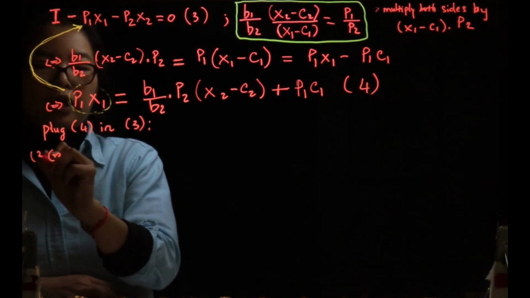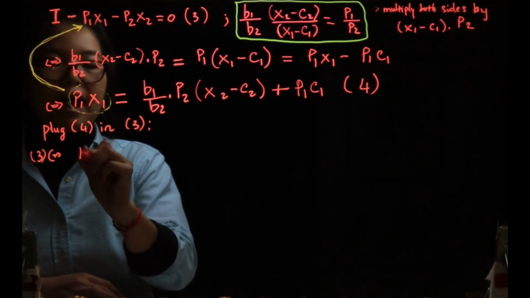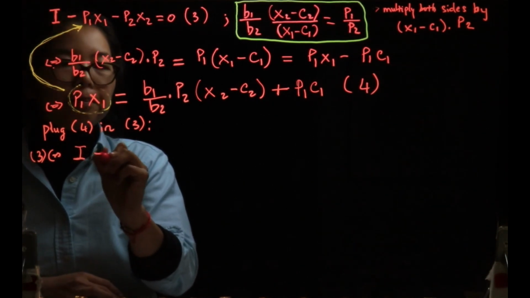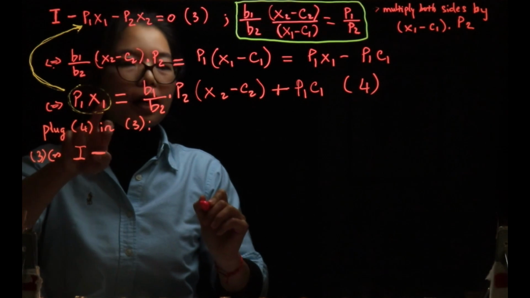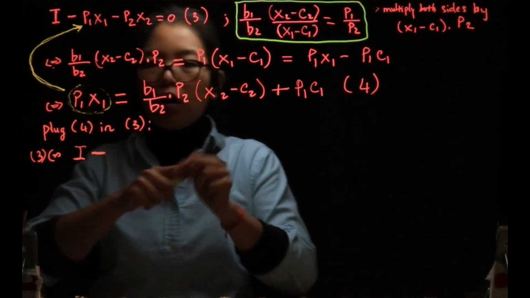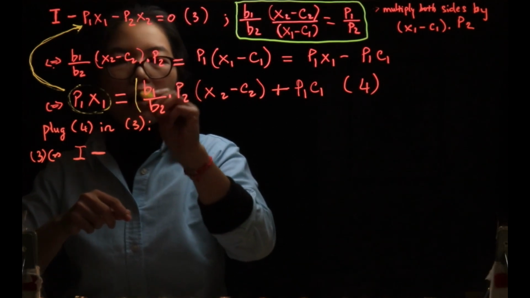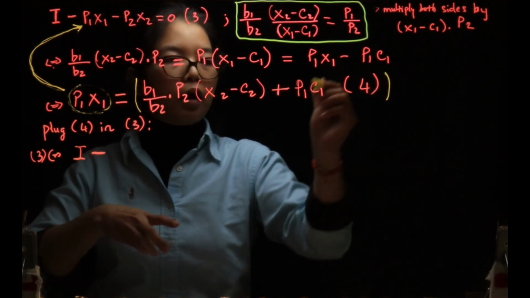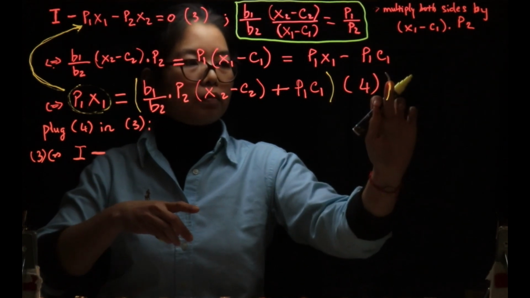So what we would have is I minus p1 x1, which is now the entire thing over here.